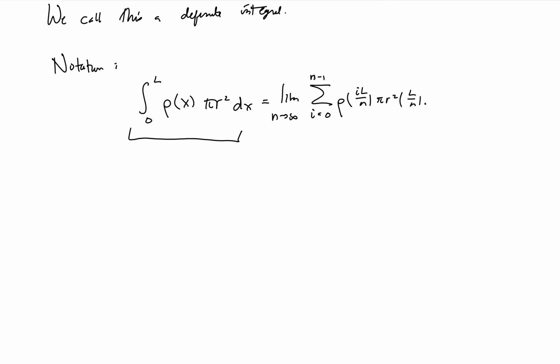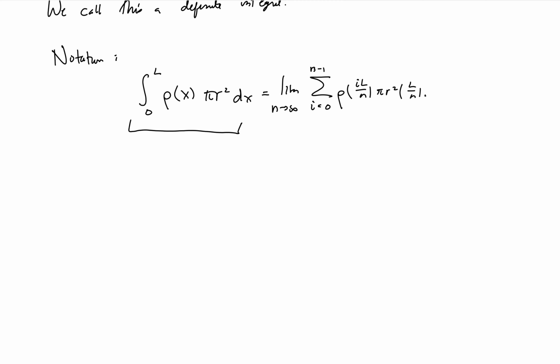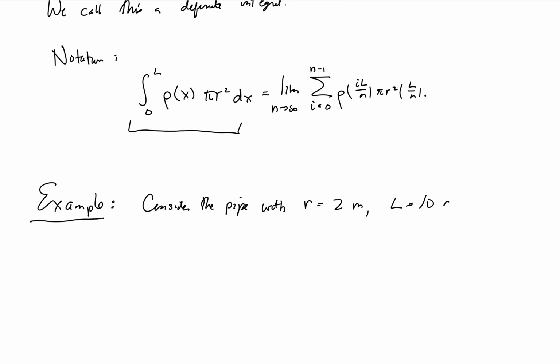Okay, so let's see a concrete example of this. So let's consider the pipe with r being 2 meters, L being 10 meters, and rho of x being 3x plus 1 kilograms per meter cubed.